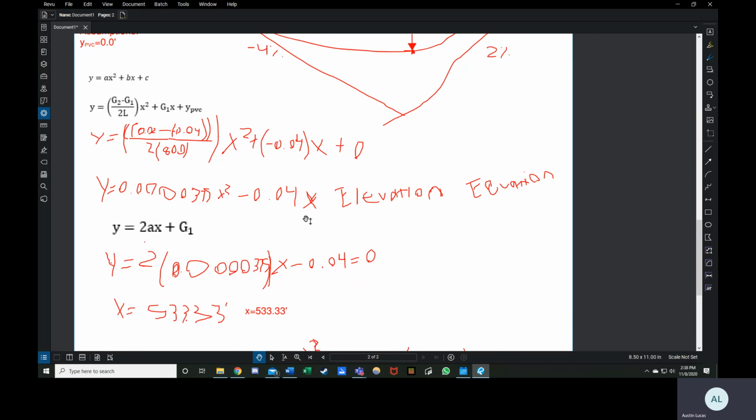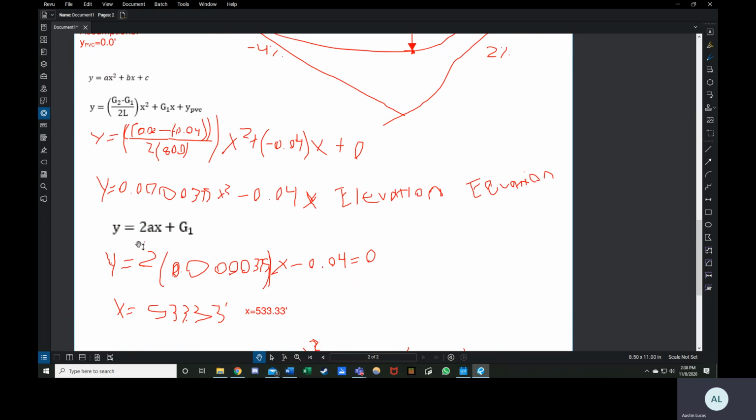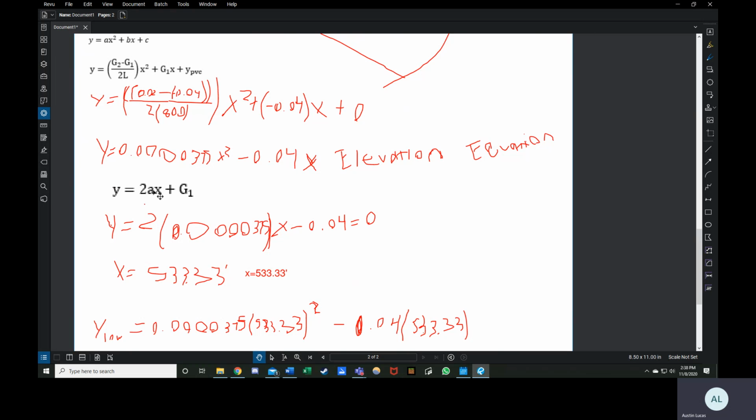And now, how do we find the low point since it's a sag curve? For the low point, we take the derivative of this elevation equation, and that will give us our distance along that line at the low point. So we plug in our numbers, 2 times our A that we found up here, and then our G1.